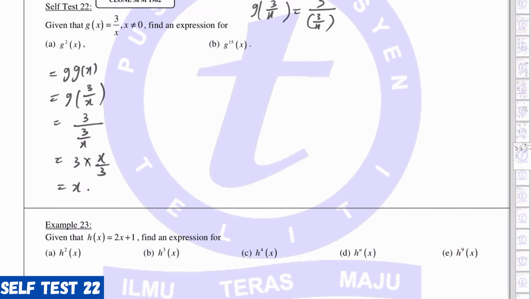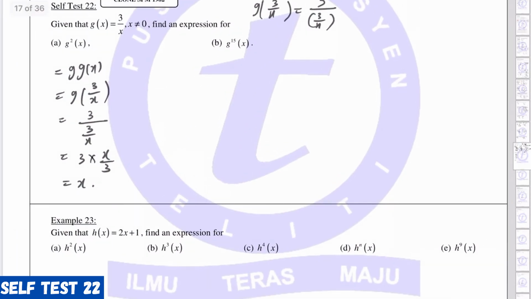Okay? Now, the next thing is, what is g15x? Well, g15 simply means we do 15 times, but I'm not going to write it like this because this is g2. Remember, let me clarify this. gx is here. I go through this function, I get 3 over x. I do one more time, I'll get back the same thing as x. So can I write g2?